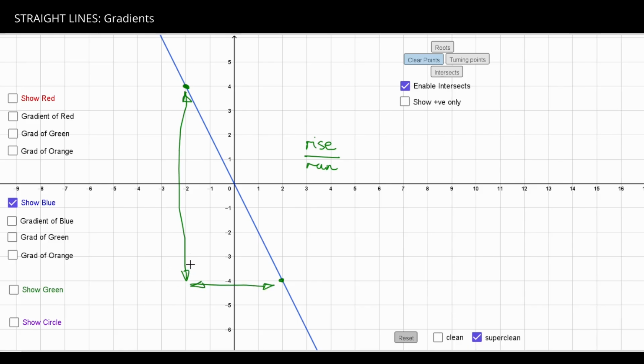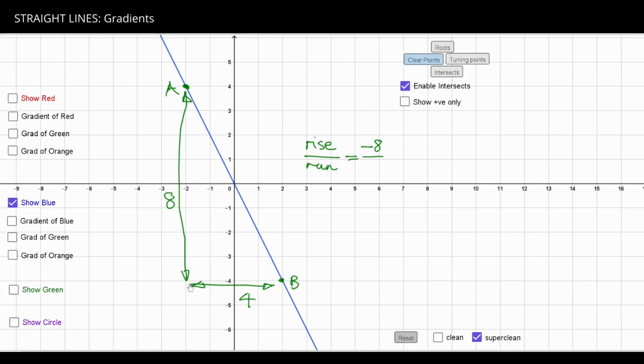So counting up, 1, 2, 3, 4, 5, 6, 7, 8. This is 8 tall, and this is 1, 2, 3, 4. If we say this is A and this is B, and we're doing the journey from A to B, effectively our rise is not a rise at all, it's a fall, or a rise of -8.